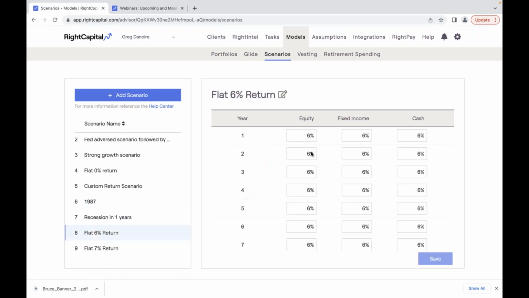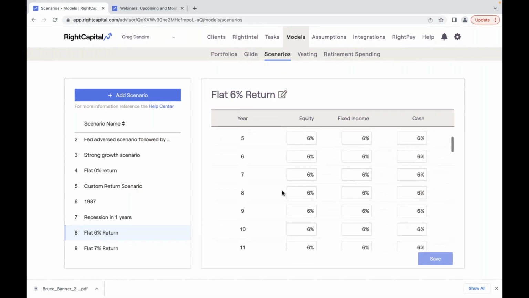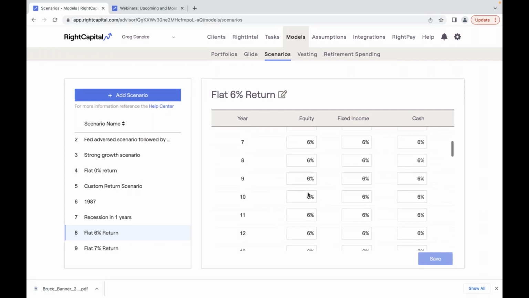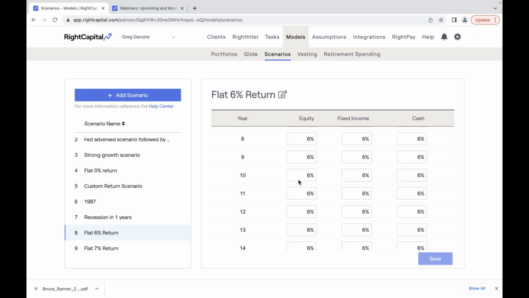For example, this is my flat 6% return portfolio, but maybe you'd want to build something that has a different set of returns at year 10 when the client retires. So maybe it goes from 6 to 5%, right?